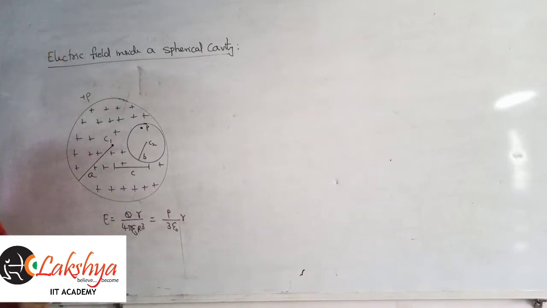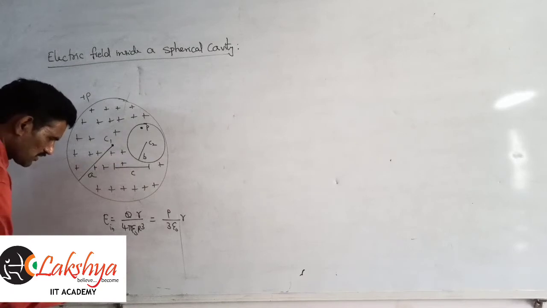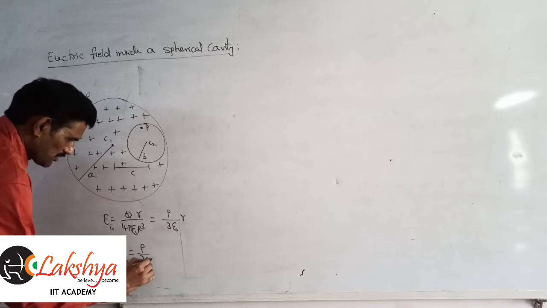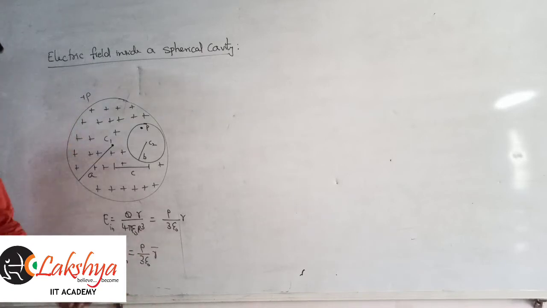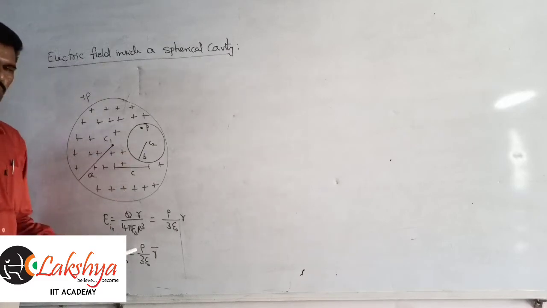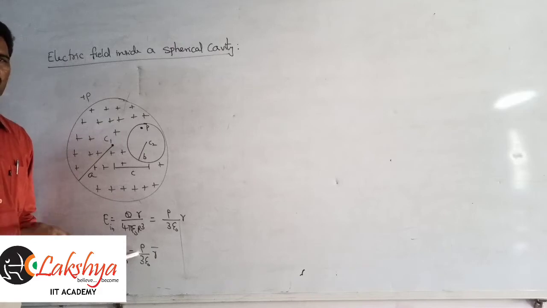Now we need to write this expression in vector form. In vector form, the intensity of electric field inside is rho by 3 epsilon naught into r bar, so that the electric field will be in the direction of r bar if this is a positive charge density. If it is a negative charge density, then it will be opposite, so we should take a negative sign.